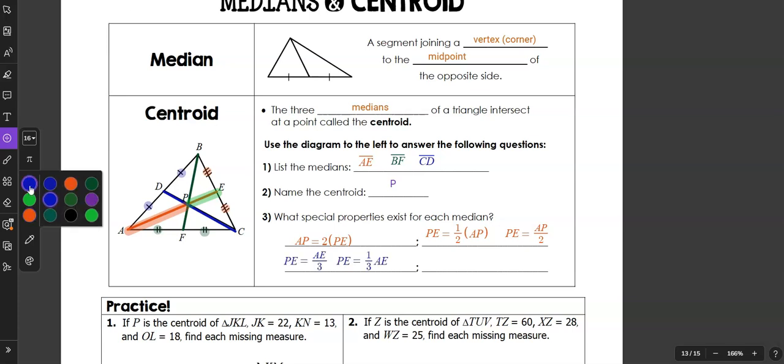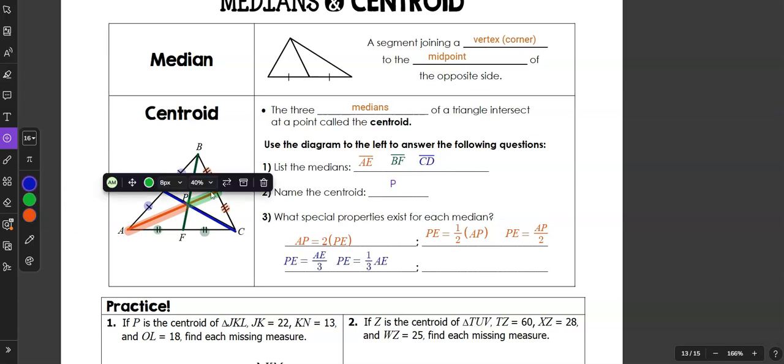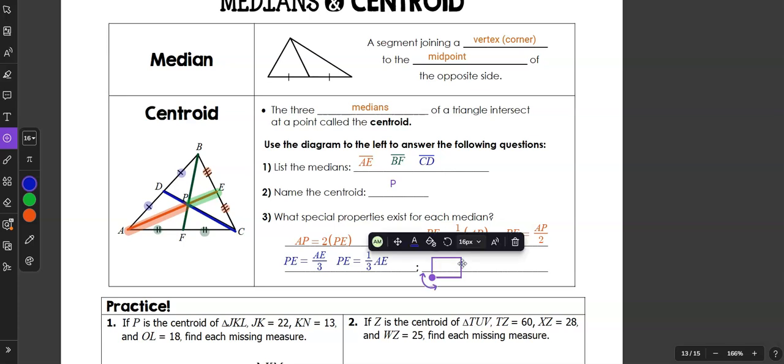So if the shorter segment from the centroid to the edge is 1/3 of the total median, which is AE, from vertex to edge, then that means the longer segment, in this case AP or PA, is going to be 2/3 of the total length. So we'll represent that mathematically very similarly. So we're going to say that AP is equal to 2/3 times AE. Go ahead and pause here and ensure that you have this copied.